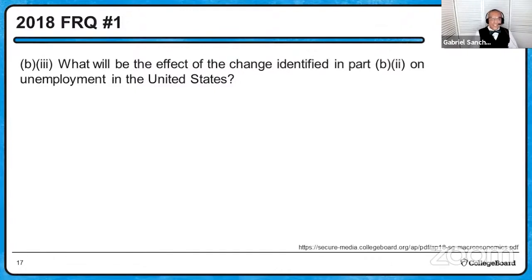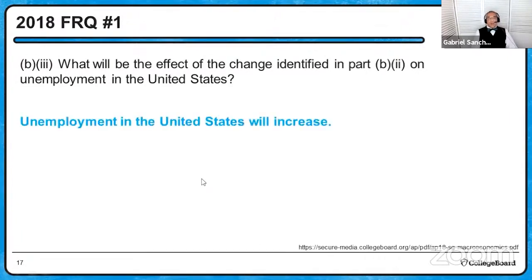So unemployment in the United States can either increase, decrease, remain the same, or be indeterminate. We saw in part II that aggregate demand decreased and shifted to the left. So think of your answer. Here we go. The answer is unemployment in the United States will increase.